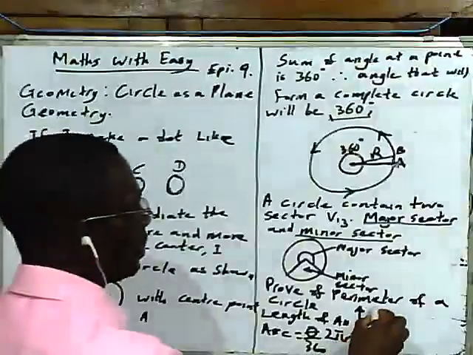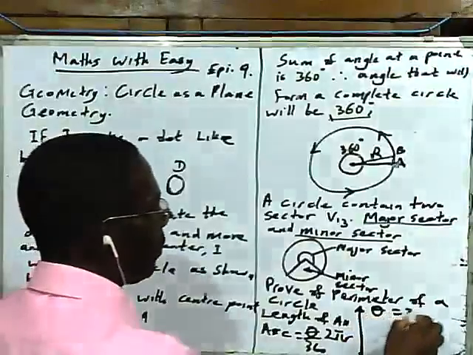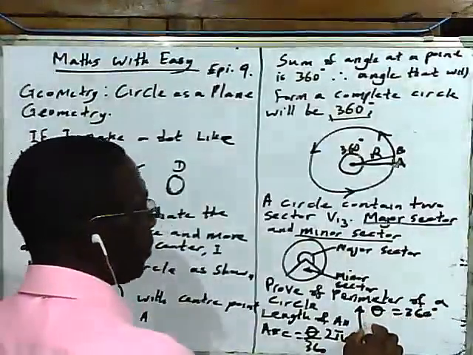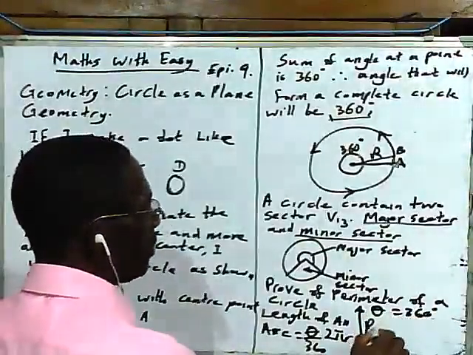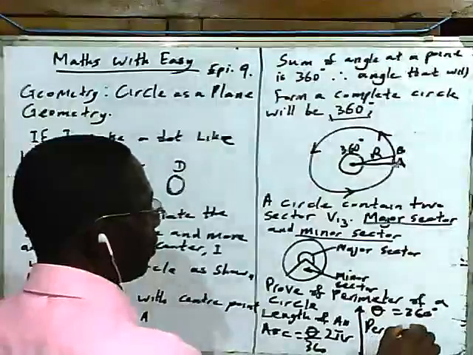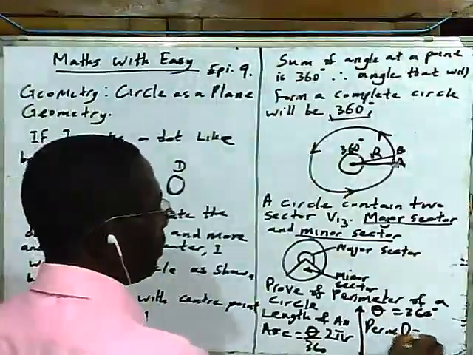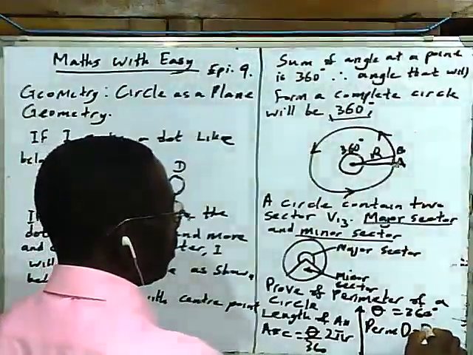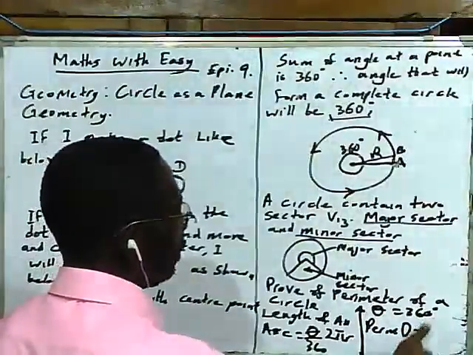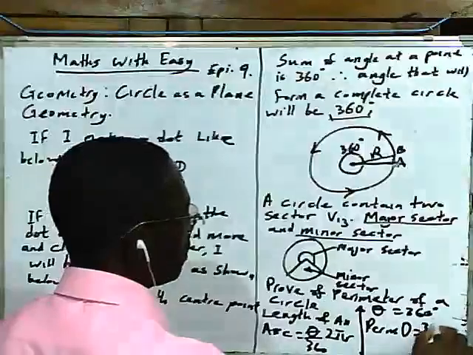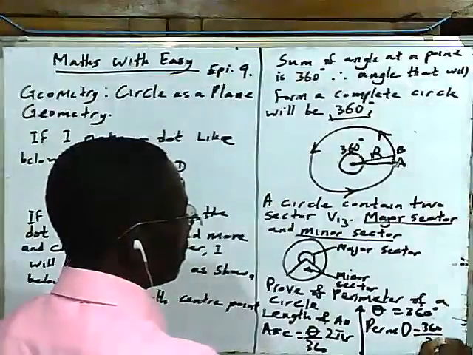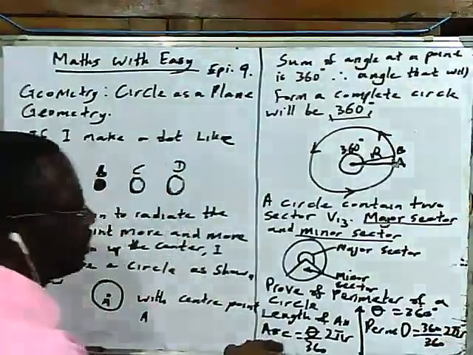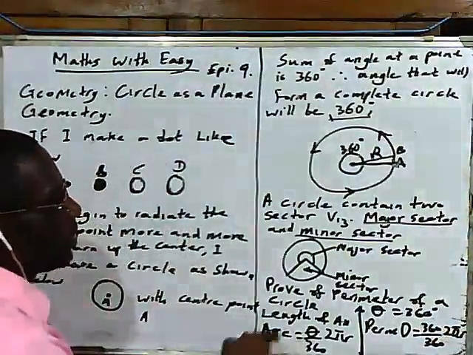So if our theta now is 360 degrees, then we can conclude that the circumference of a circle, or perimeter of a circle, will be theta, which is 360, over 360 times 2 pi r. That is from the length of a sector.